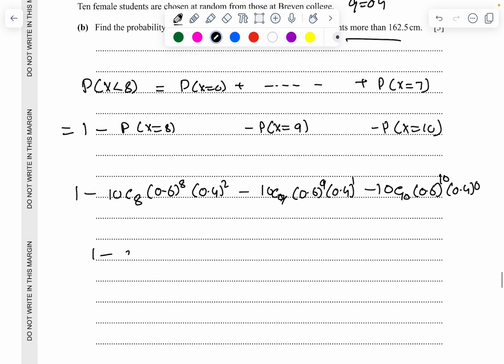So which is 1 minus 0.12093 minus 0.040311 minus 0.0060466, which is going to be 0.833.